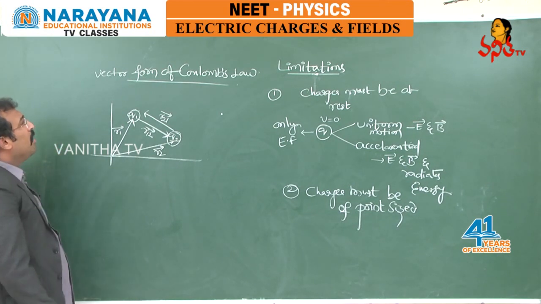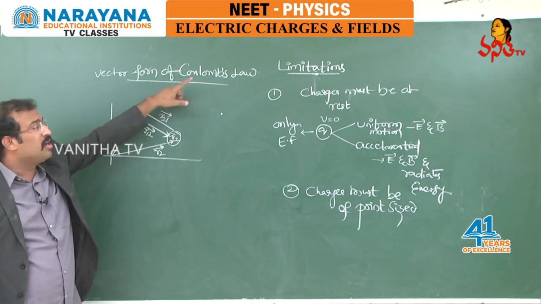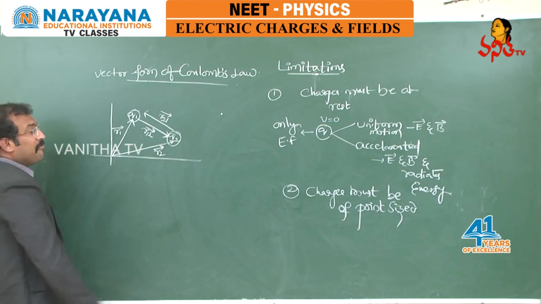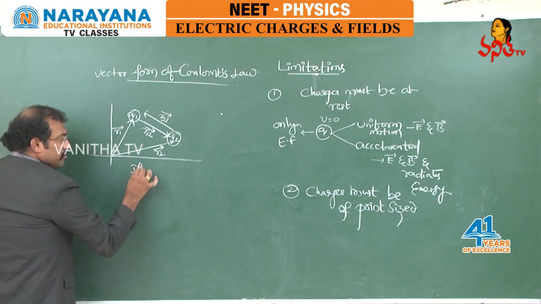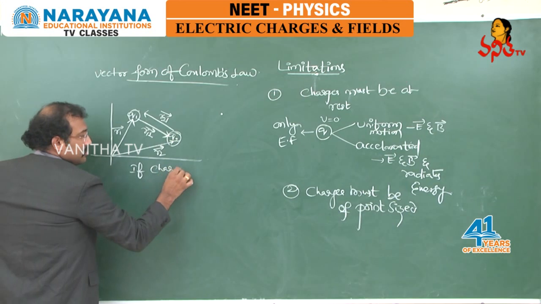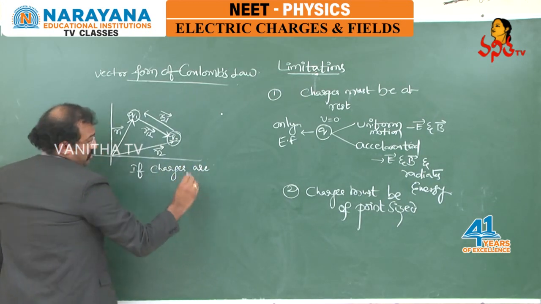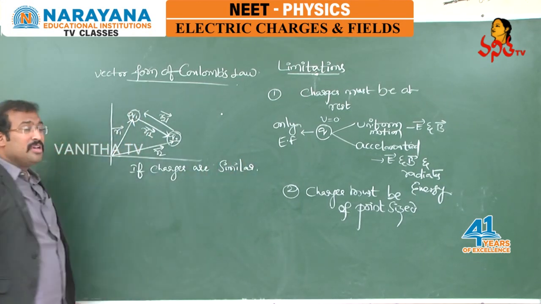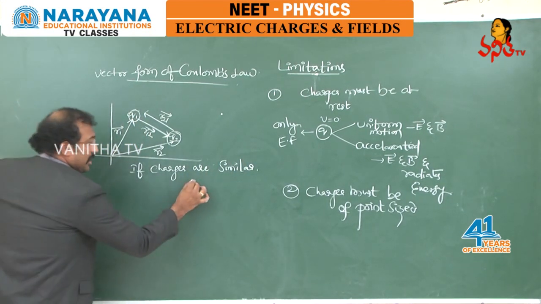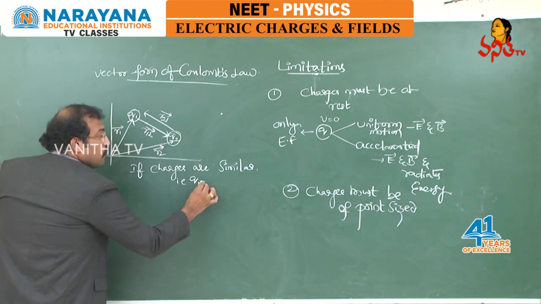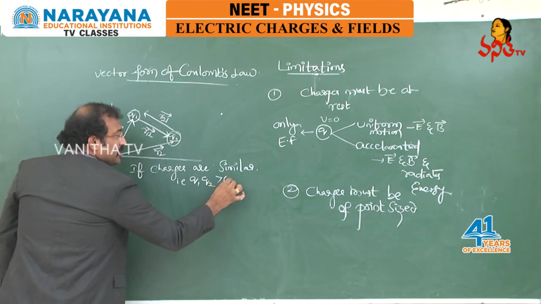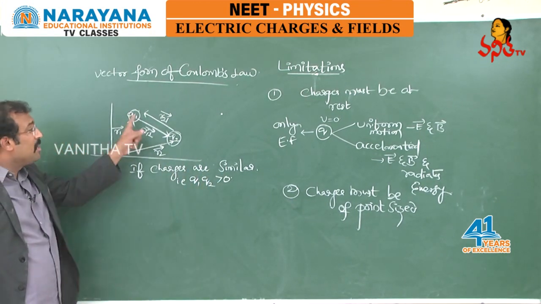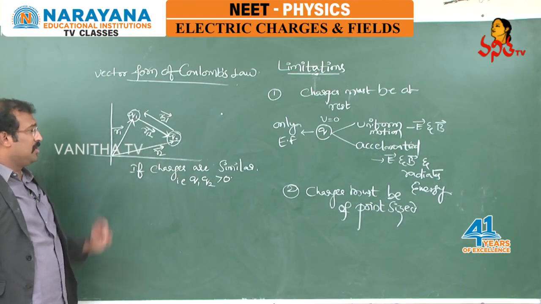Now let us see how to write the vector form of Coulomb's law. If the charges are similar, that is of the same polarity, that is Q1 Q2 greater than 0, then one will repel the other.